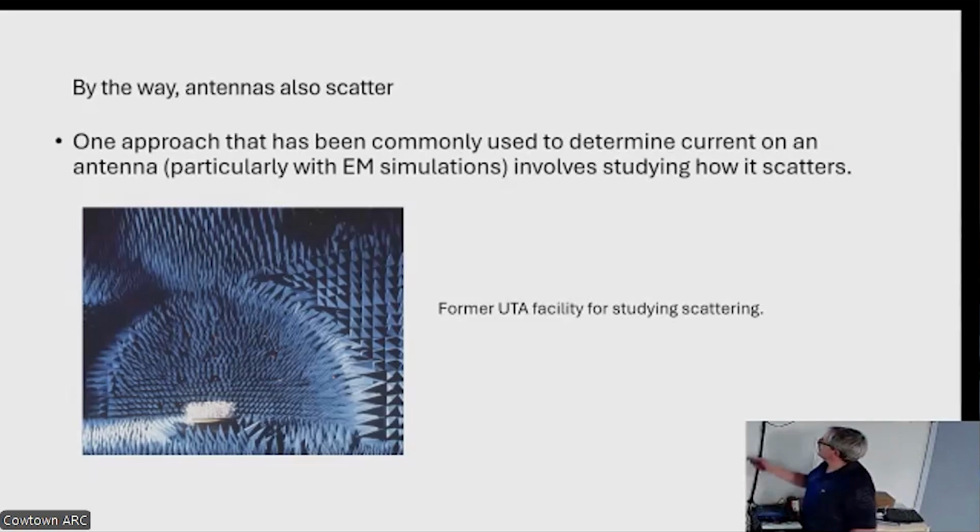No, in this particular case, I did mix these up a little bit and made it a little confusing. I should have clarified this; I had a couple different slides. One of the challenges with antennas in general is that sometimes we know what the current on the antenna looks like. In the case of a dipole, it's well documented. It's just a sine wave looking thing. But oftentimes we don't know what it is.